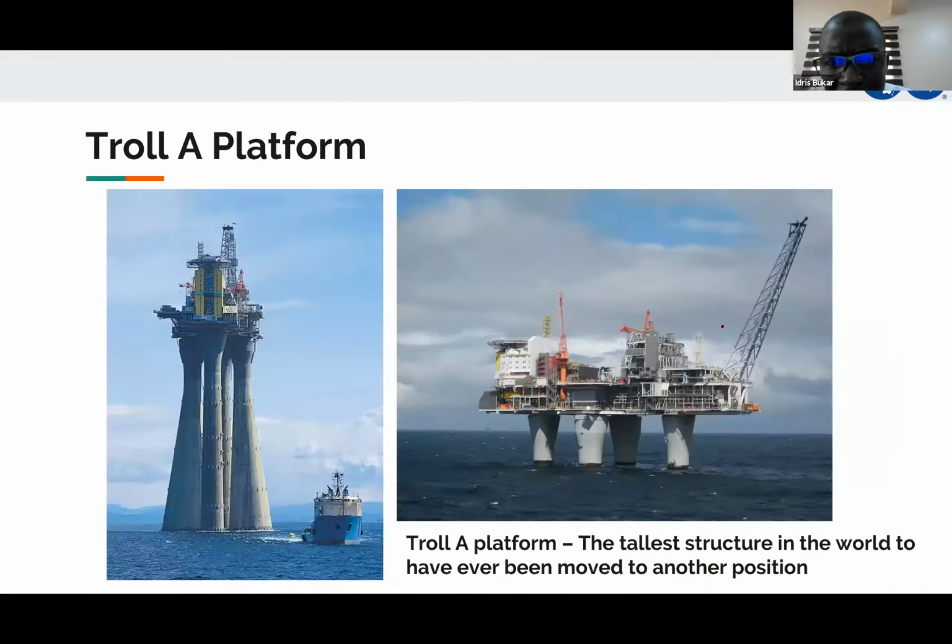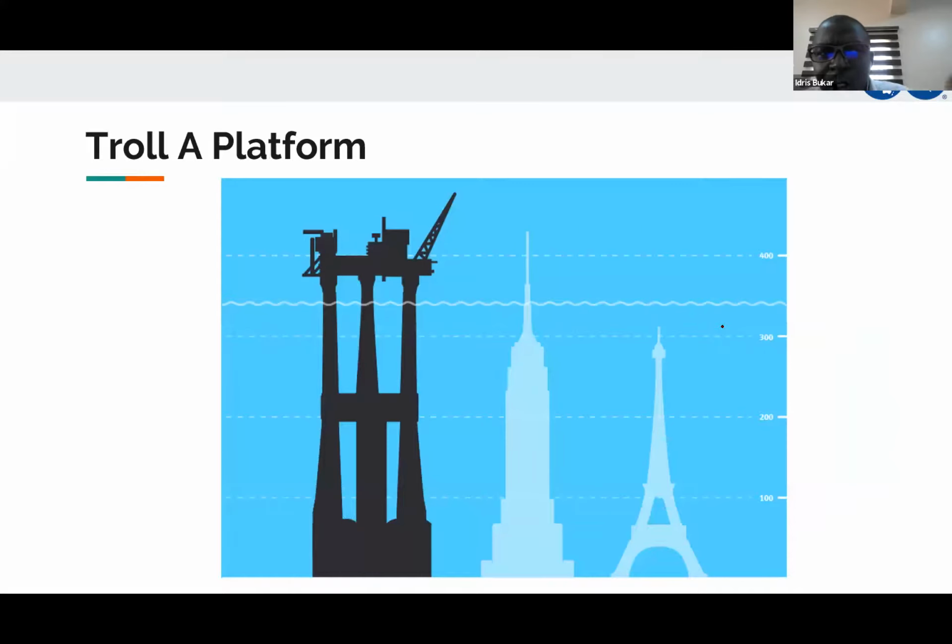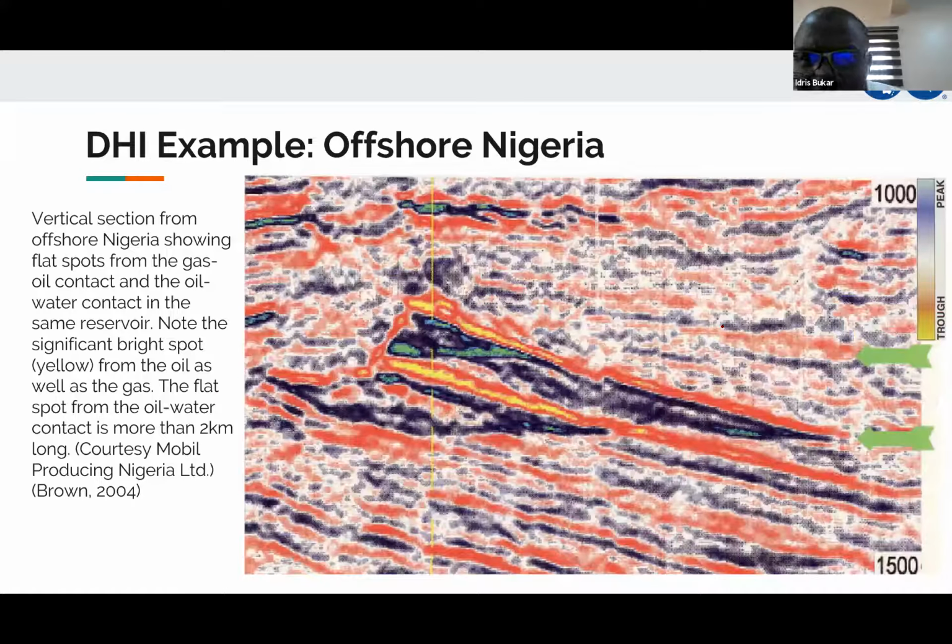And we went on to show this second example, which is an offshore Nigeria case, where, like I said, it's probably the best I have seen in terms of DHI examples, published ones at least, where we have expressions of bright spots and flat spots.